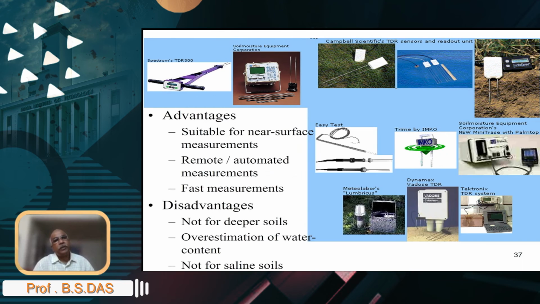We now have soil moisture probes using this time domain reflectometry. There are a bunch of them available now, including handheld ones. You can do automation with this because of the electrical nature, and some of the advantages are the sample volume. The TDR probes are typically about 10 to 15 centimeters long, and the distance between two probes is on the order of about 1 centimeter.